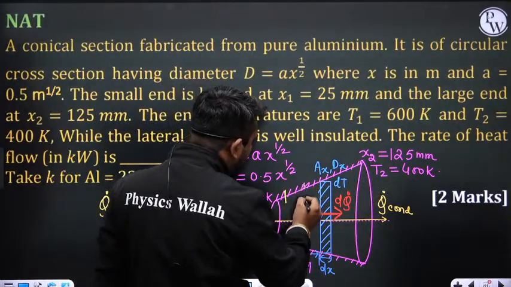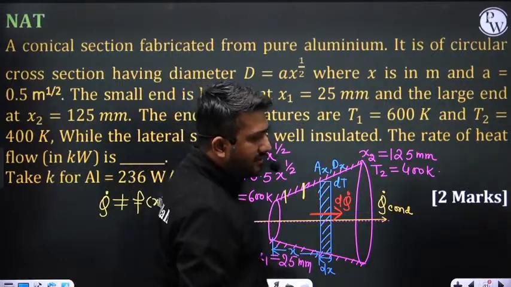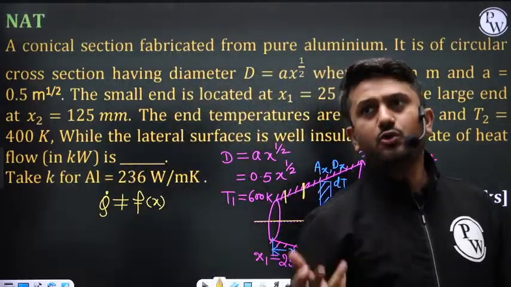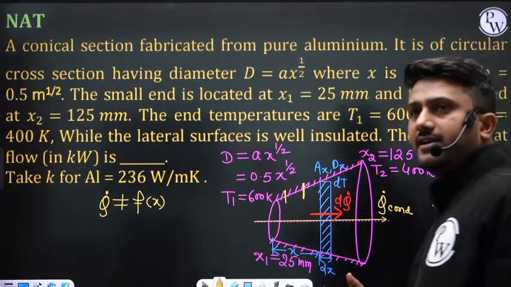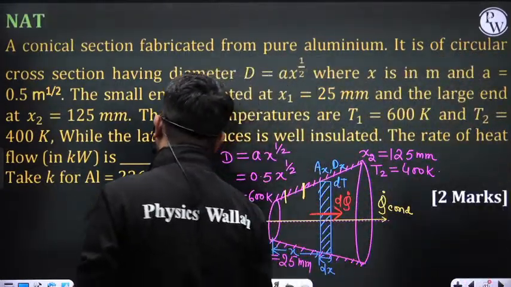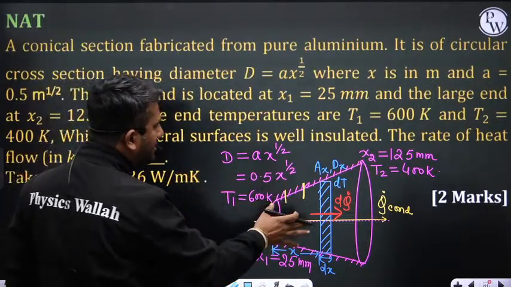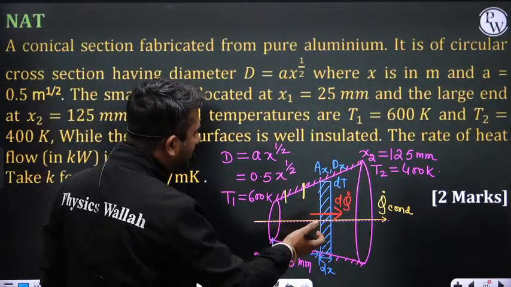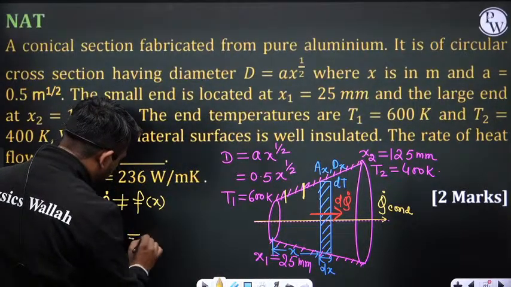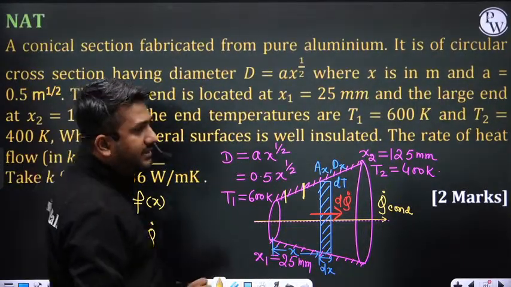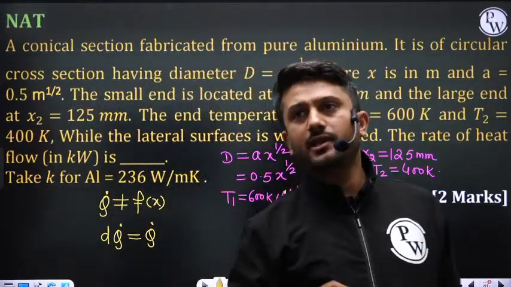If you ask me what it is here, that is also q dot. So q dot is not a function of x, which means in the x direction q dot is a constant, and we can say dq dot is equal to q dot only.